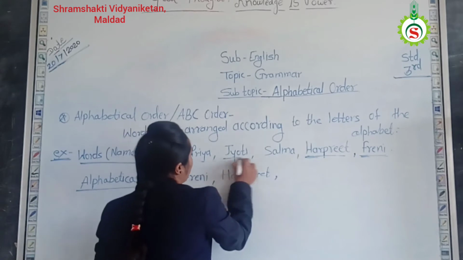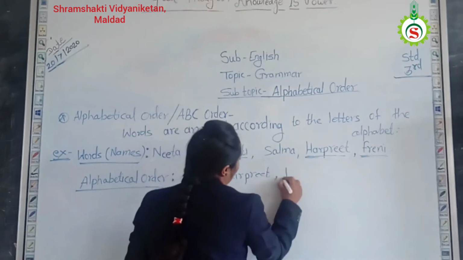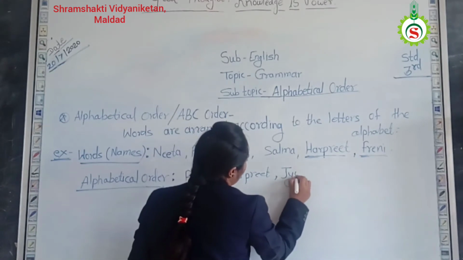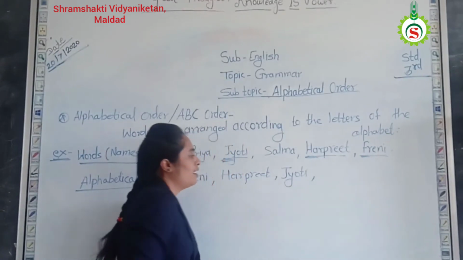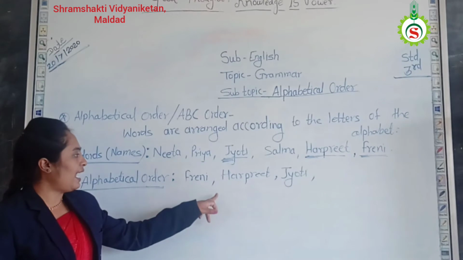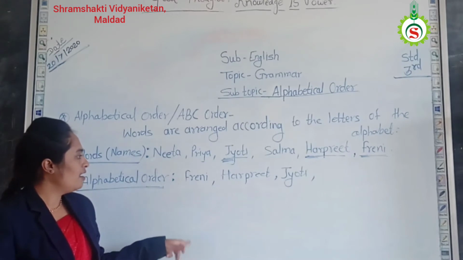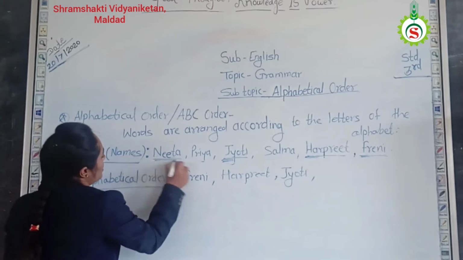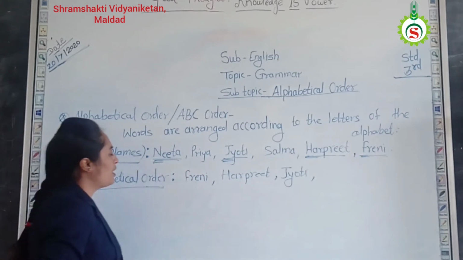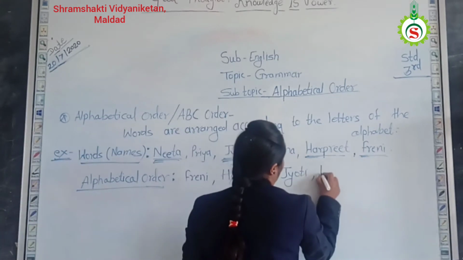The word Jyoti starts from J. So we write the third word, Jyoti. After J, K, L, M, N. Nita starts from N. So the next word is Nita.